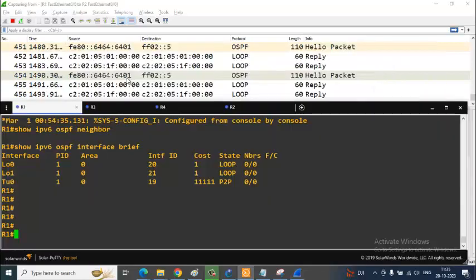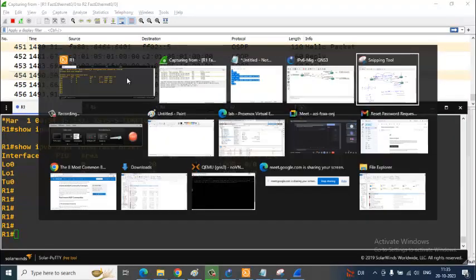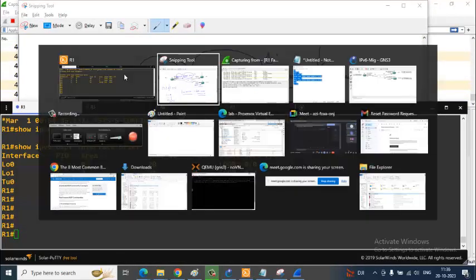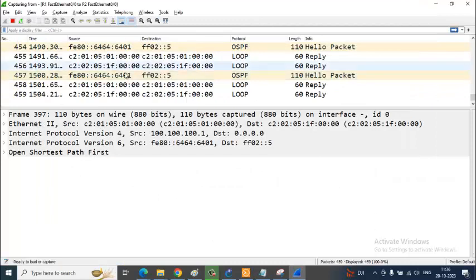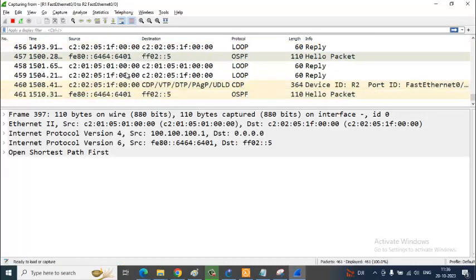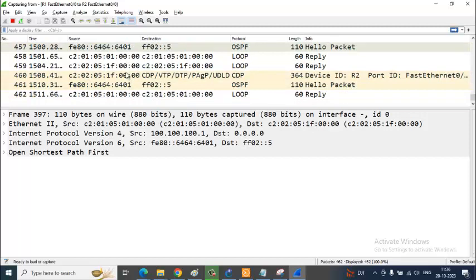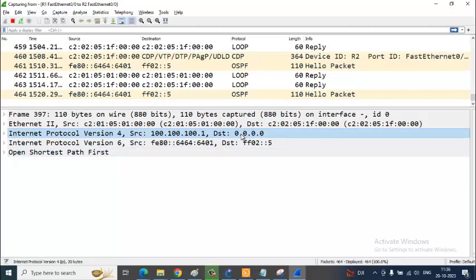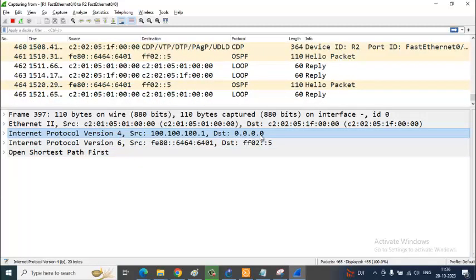Who is 64 in our case? Okay, it's me. J is sending multicast packets. It's going out. Definitely it is going through the tunnel, no doubt in that. And it is going to the destination 000, which means it's any one.